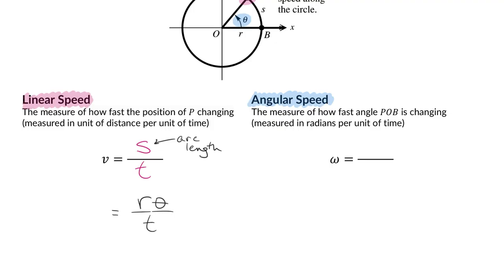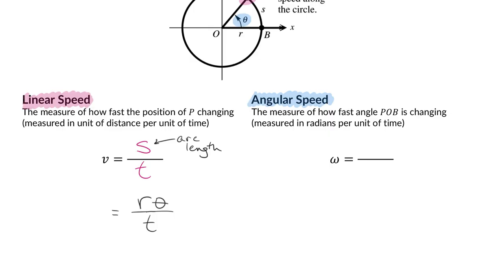So we can rewrite the formula for linear speed, showing the work we would have to do for arc length anyway. Usually you're not just given arc length, you'll be given a radius and an angle, so you can use them to find the arc length. We're probably going to be using this formula more often: linear speed is radius times theta over t. That is still a distance divided by time, so we're still finding speed.